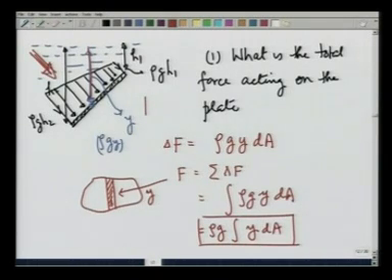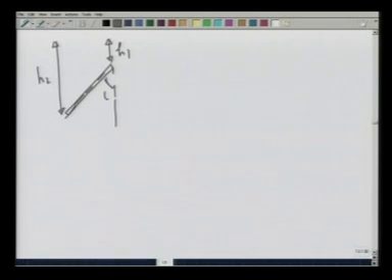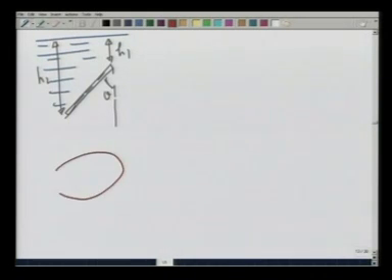What about the average pressure? To calculate average pressure, let me again make this picture. This is at depth h1, depth h2 at an angle theta. This is the water line, and this is the plate. This is the area that we took at depth y from the top. This is depth y.